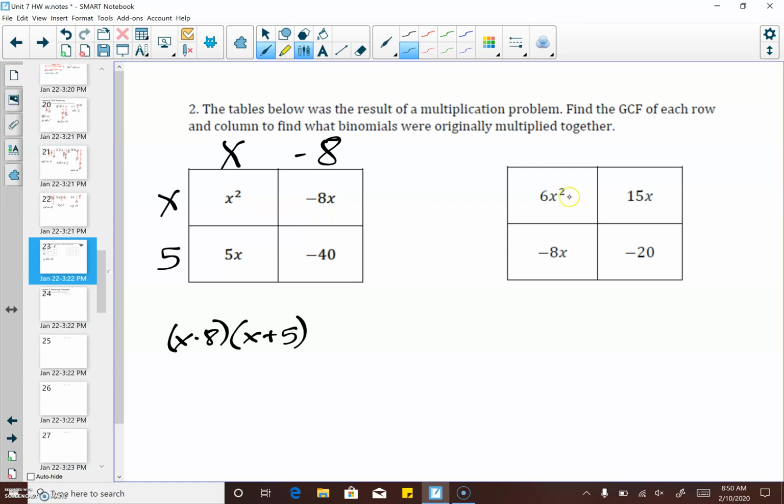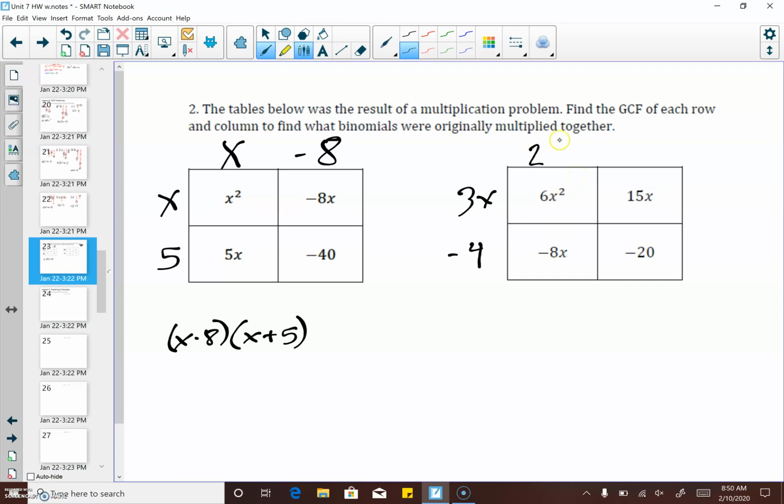If we look to the right here, 6x squared and 15x, well, between 6 and 15 we can take out a 3, and then we can take out an x between them. If we look at the bottom row, negative 8x and negative 20, they're both negative, so we know it's going to be negative something, and the biggest thing that goes into it is a negative 4. On the top here, 6x squared and negative 8x.